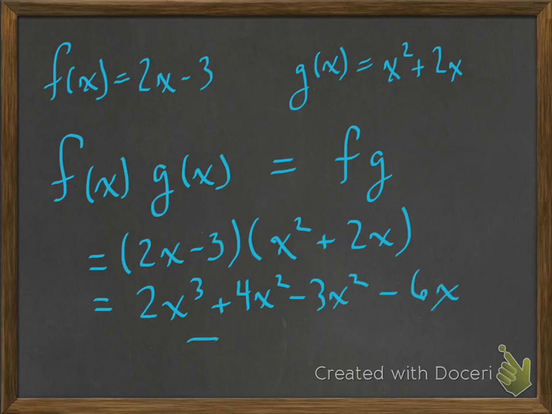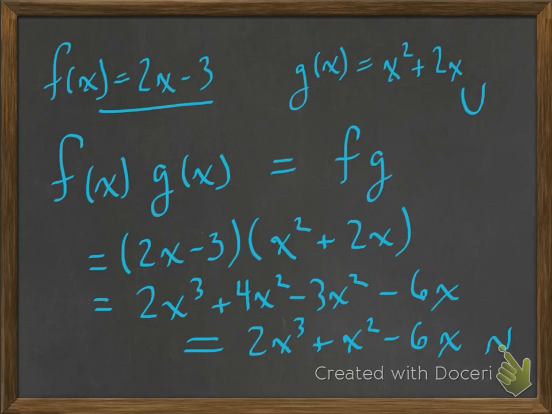So my final function as a result of multiplying those two functions together is 2x cubed plus x squared minus 6x. So this time we multiplied a linear times a quadratic, and we ended up with a cubic.